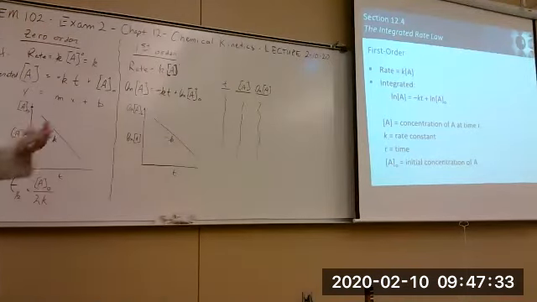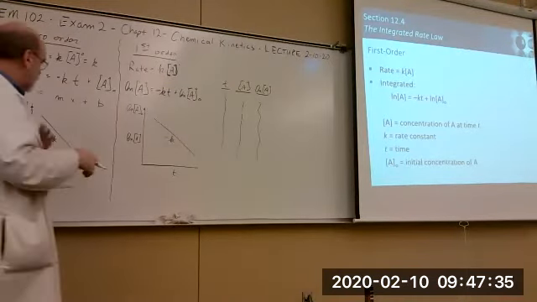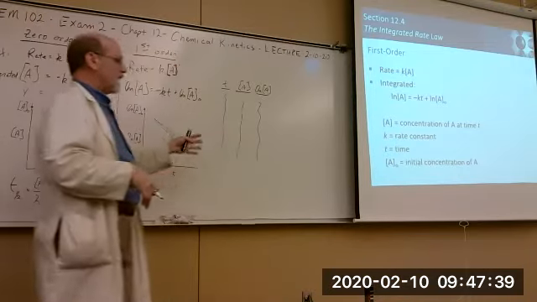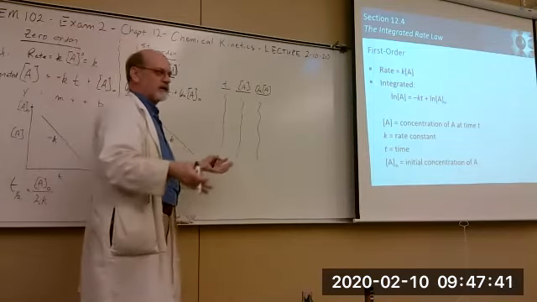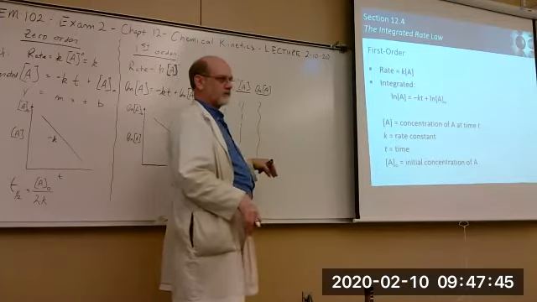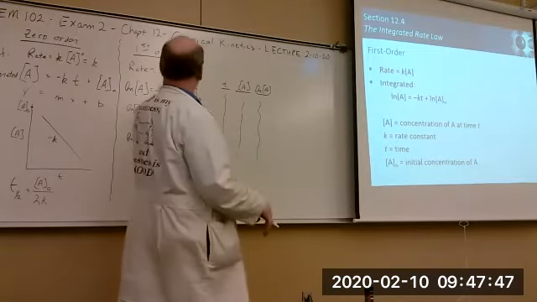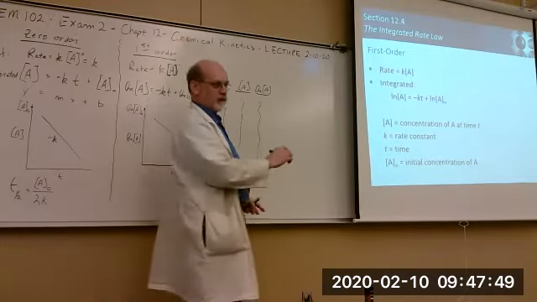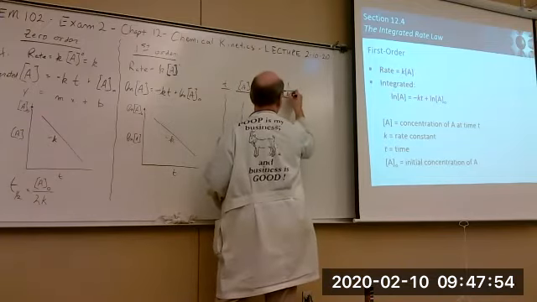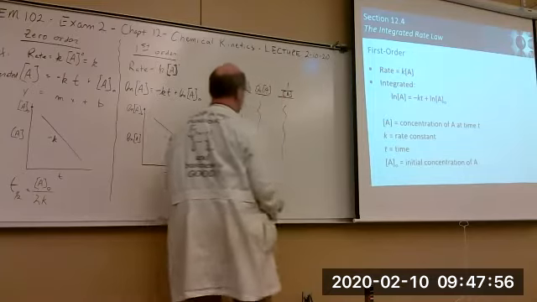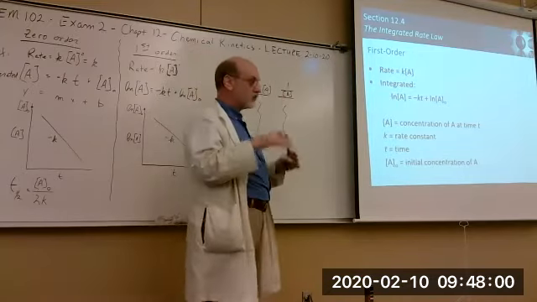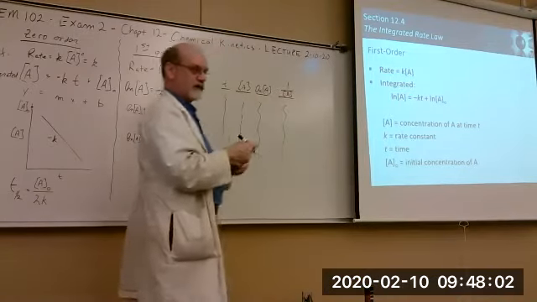So what's shaping up is you get a data set of time versus concentration, and then you might as well just plug it into Excel and tell Excel to calculate natural logs here. And then second order, I might as well put it up here while I'm talking about it. Second order is going to be an inverse. So you just do these transformations in Excel because it'll do them quick, fast, and easy.